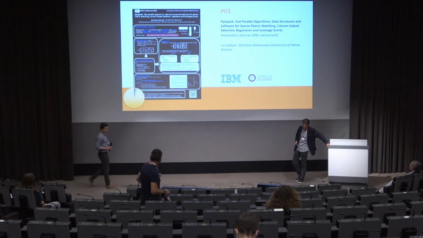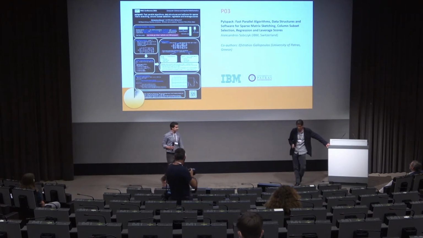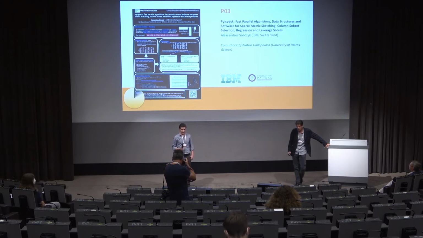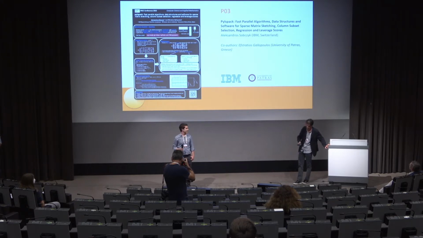So next is Alexandros, talking about PILSPAC, fast parallel algorithms, data structures, and software for sparse matrix sketching. So off you go. So hello, and count sketch is a very popular random projection method for dimensionality reduction, and it's very popular because it's very sparse and very fast, and you can apply it in sparsity time and design cool algorithms.